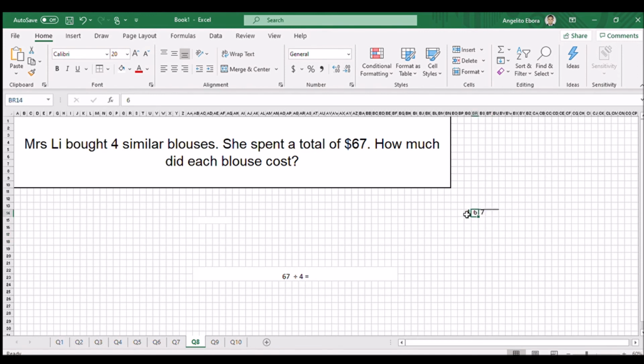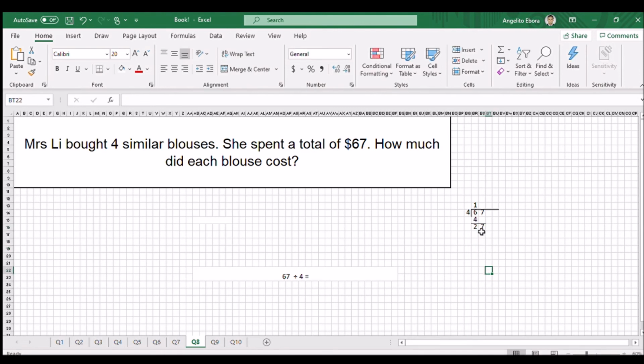So 6 divided by 4 is 1. 1 times 4 is 4. So 6 minus 4 is 2. Okay, so let's put the line here. So here is 2. And then bring down 7.